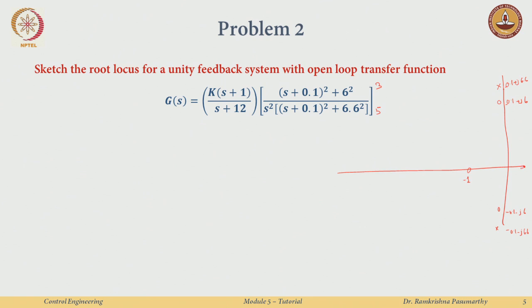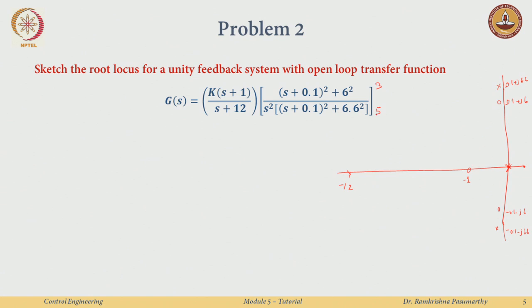Sorry, this is my origin and these are my poles. So, this distance is 0.1. And then additionally there are 2 poles here at the origin. So, we have 1, 2, 3, 4 and one guy is sitting here at minus 12. So, 5 poles and 3 zeros.